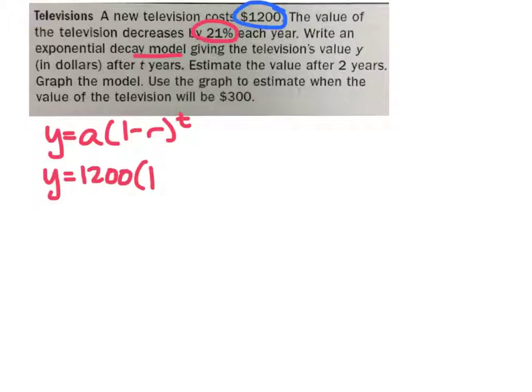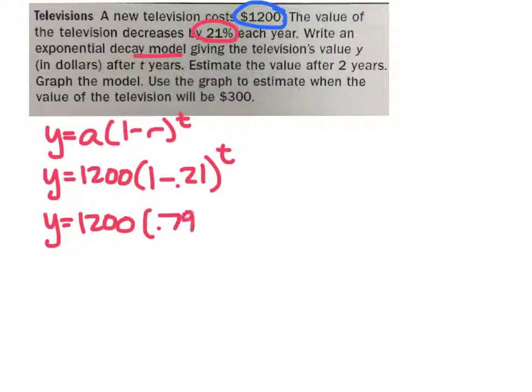So as a decimal, that's minus 0.21 to the t. How much of the TV's cost remains after each year? 1 minus 0.21 is 0.79. So 79% remains every year. So this is my model.